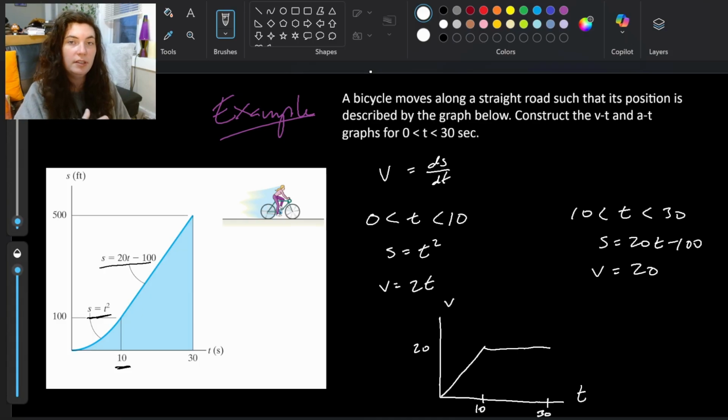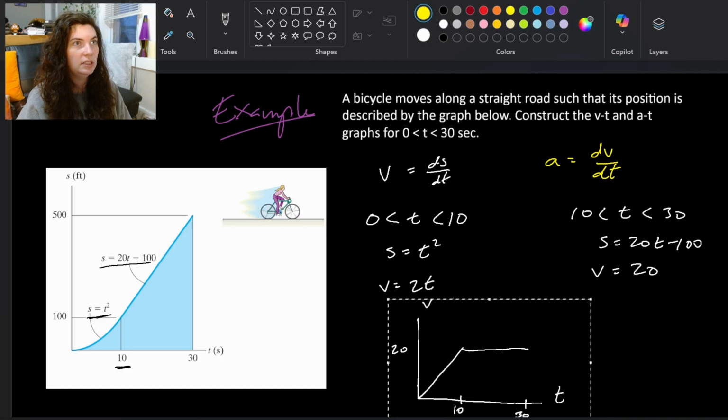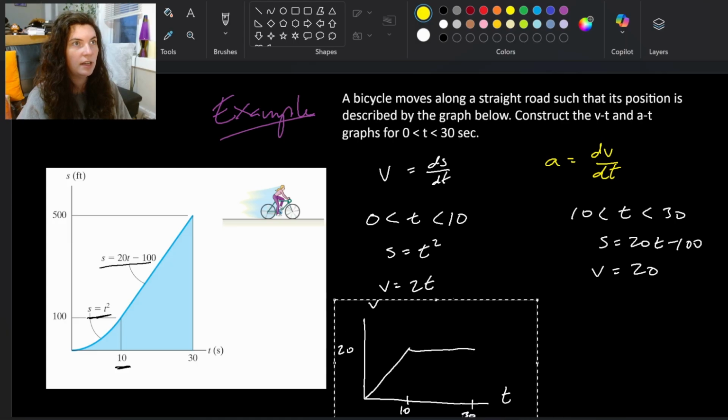That's all we have to do when we're going between these graphs. We just take our derivatives or take our integrals, depending on what we're being asked, and then plot them. We can do the same thing with our acceleration. Our acceleration is just the derivative of velocity with respect to time, so we can take each of these one step further. Move this v-t graph to the side here.